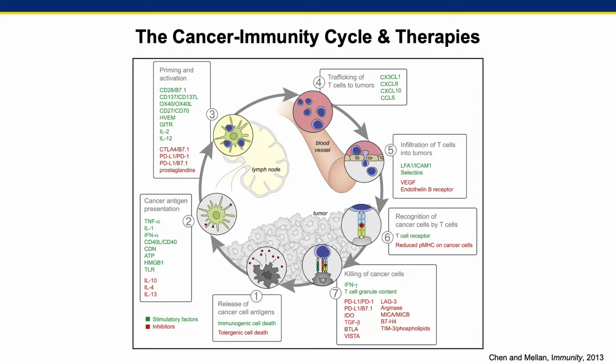To introduce many different approaches of cancer immunotherapy, I show this nice cartoon where it dissects the cancer immunity cycle into 7 different steps, starting from release of cancer cell antigen, presentation to the immune system, and priming activation of T cells at the lymph node, trafficking of those active T cells to tumor, infiltrating T cells into the tumor through the blood vessel, and recognition of cancer cells by T cells and killing of them.